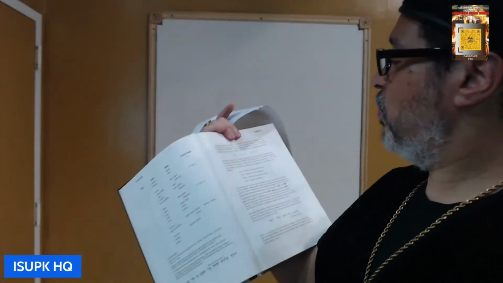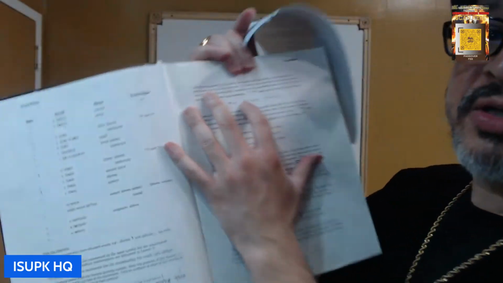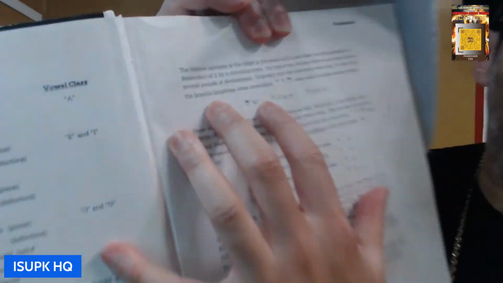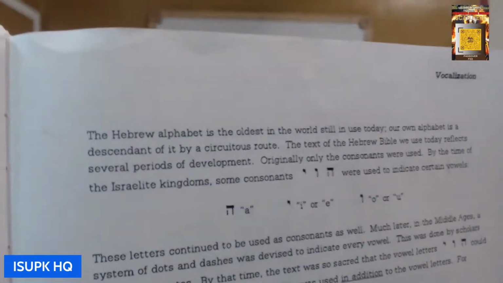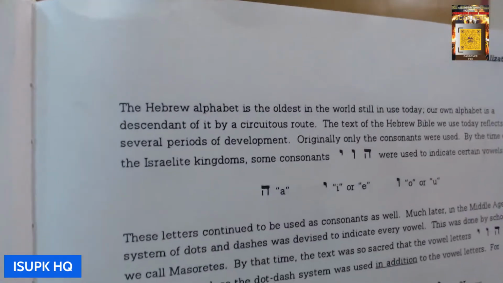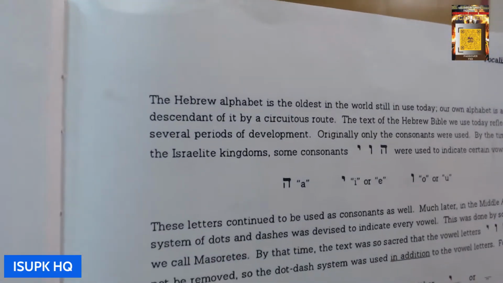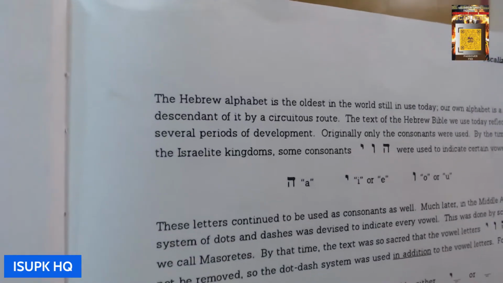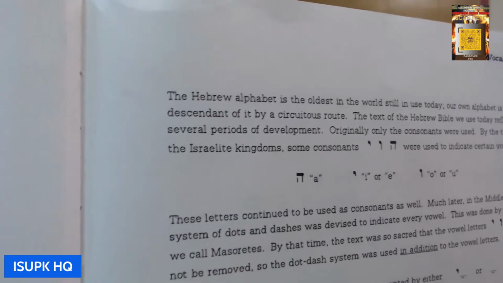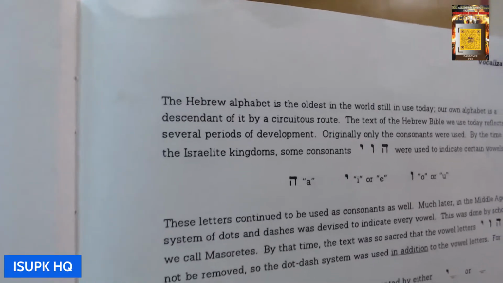This is from Yale, very important school. And you can see here on page 3 that the Hebrew alphabet is the oldest in the world, still in use today. Our own alphabet is a descendant of it by a circuitous route.